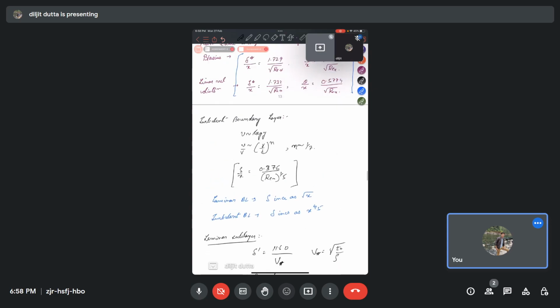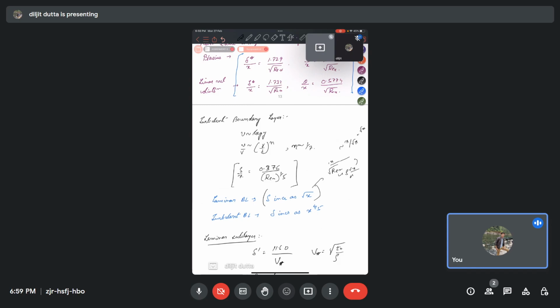Now we can see that in the laminar boundary layer, delta, the thickness of the boundary layer, varies as x by root Re x. If we take Re x equal to rho v x by mu, then x by root x comes as root x, so it varies as the square root of x.